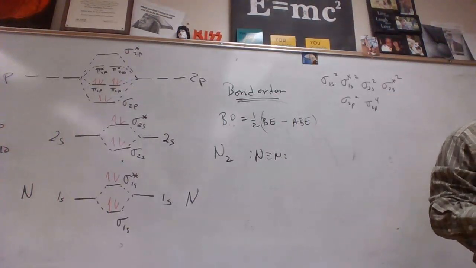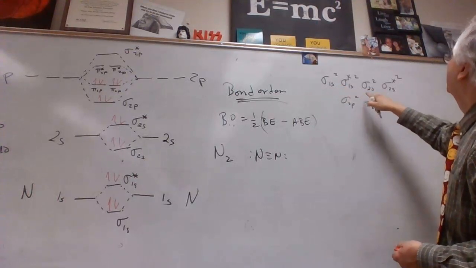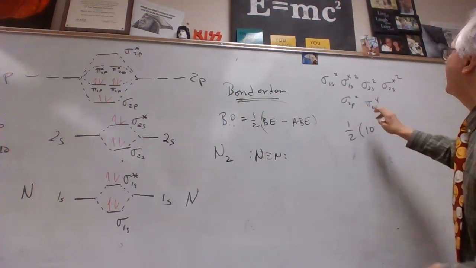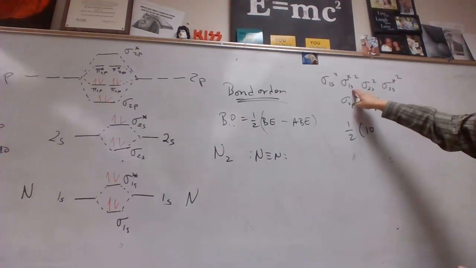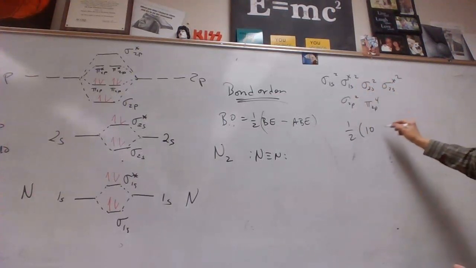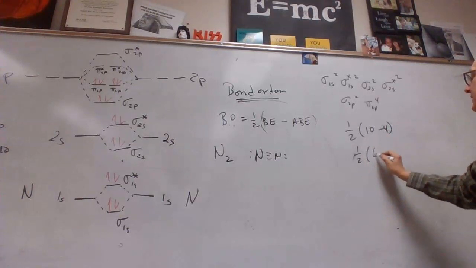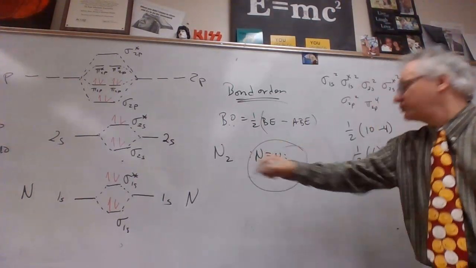So let's add up all the bonding electrons: 2, 4, 6, 10. I've got 10. And now let's add up all of the antibonding electrons: 2, 4. That's 1/2 of 6, which is 3. Bond order of 3. Lewis structure gives a 3.